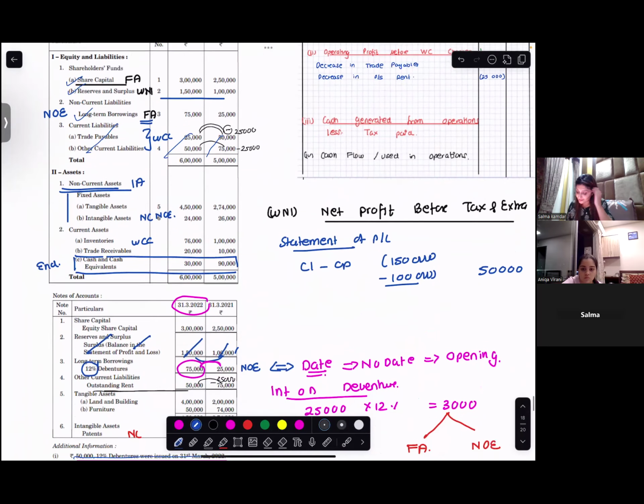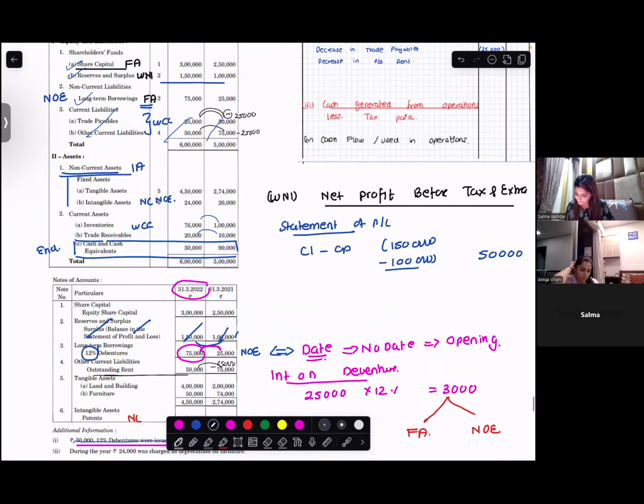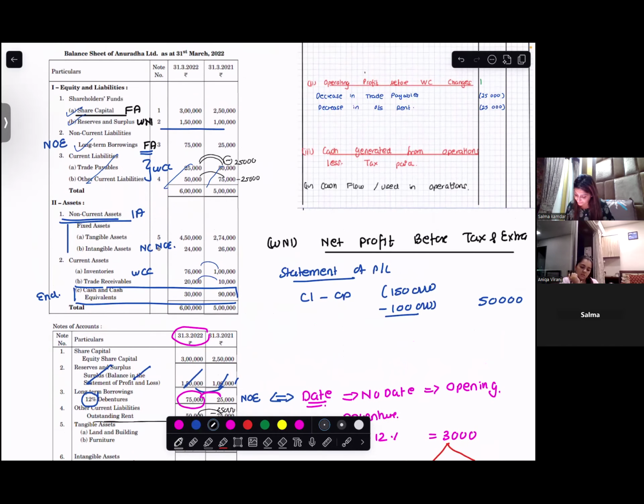Now current asset, you have inventories and trade receivables. Current assets, which direction? Opposite. So what is happening? Inventories is decreasing, so you will add. And trade receivable is increasing, so you will minus.